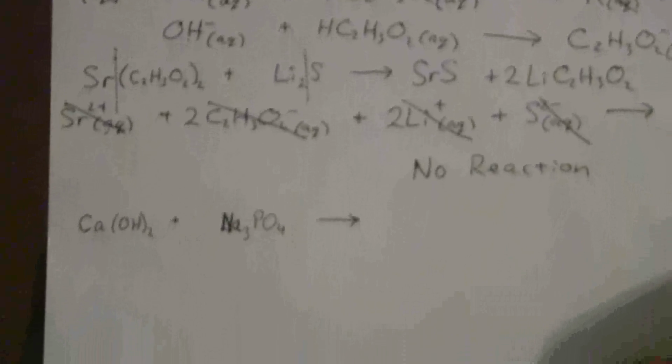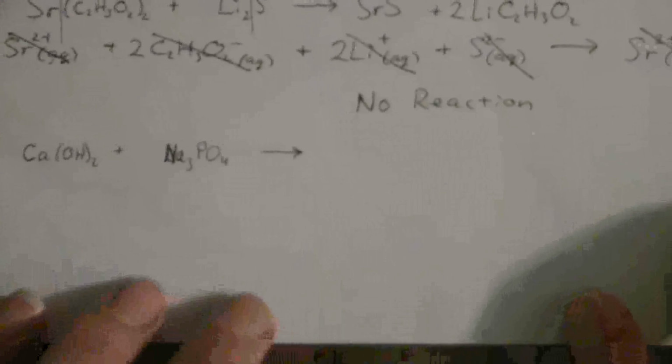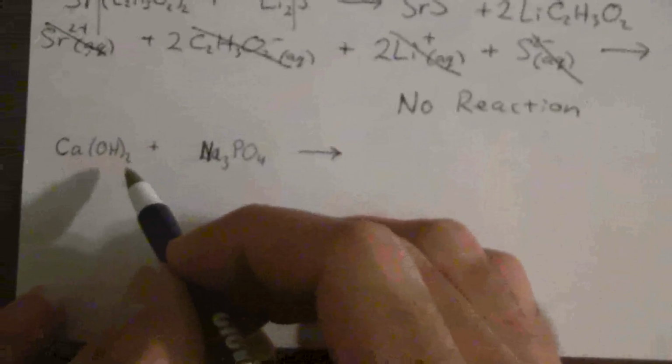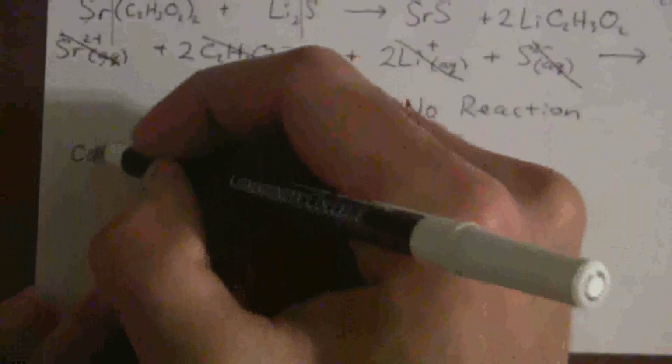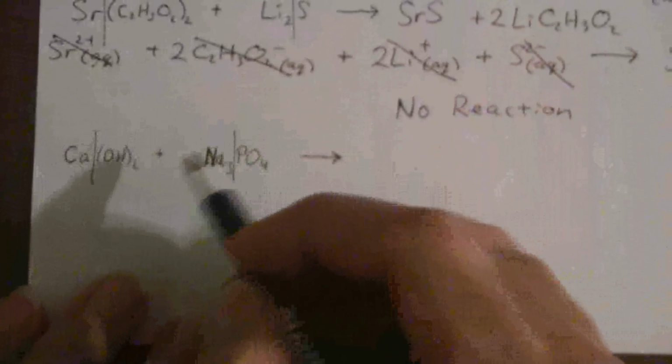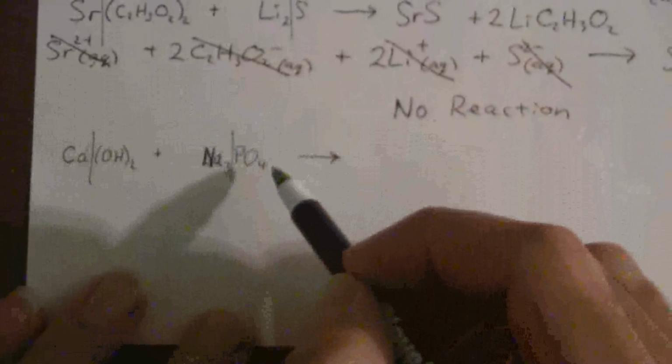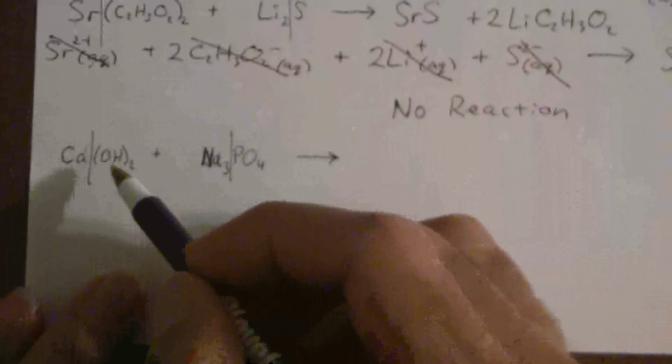Let's look at one more example. We have calcium hydroxide and sodium phosphate. Follow our same routine. We split this up into the ions. To predict our products, we swap the pairs.